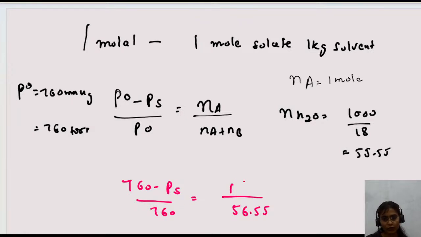Okay, so let's solve this. 760 divided by 56.55, 13 point something.